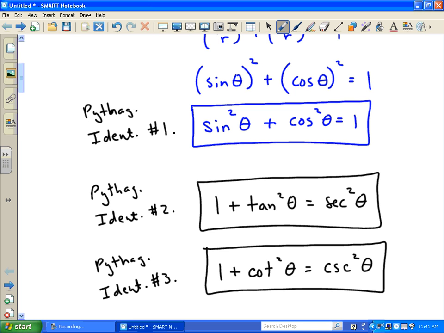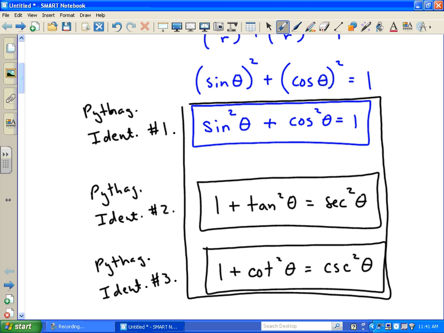Now these 3 identities that I have right here need to be memorized. We will use these over and over this semester, so make sure that you memorize these 3 things. Now, when you memorize them, make sure that you know that the trig functions must be squared.